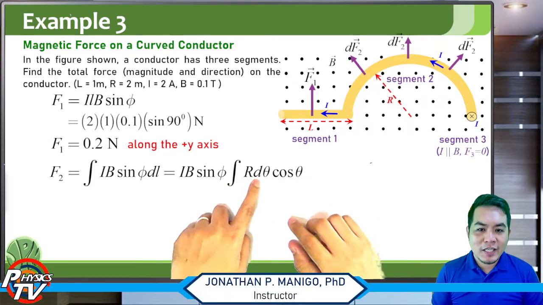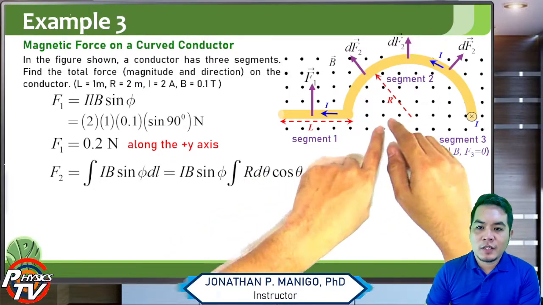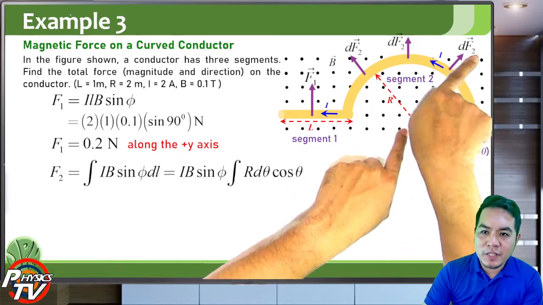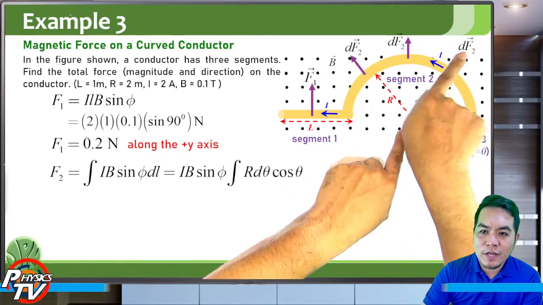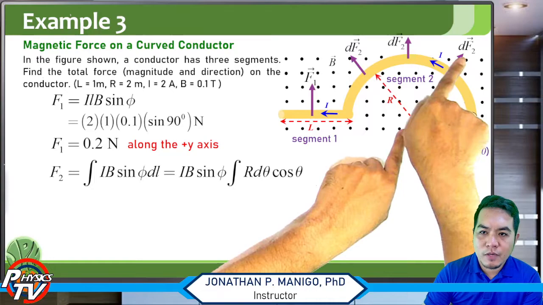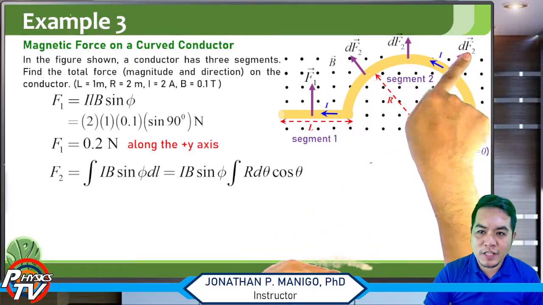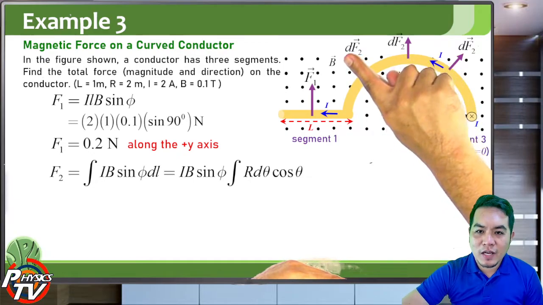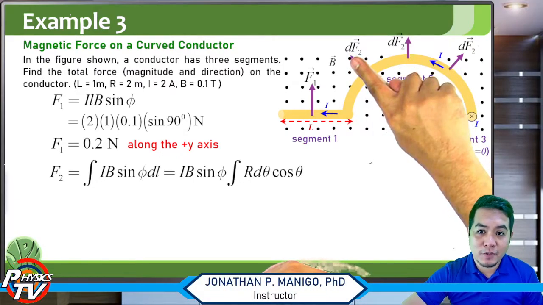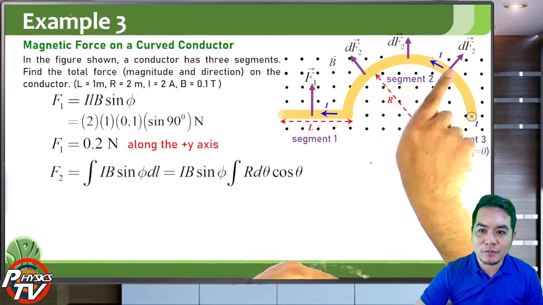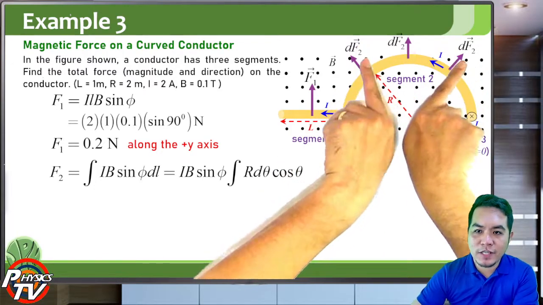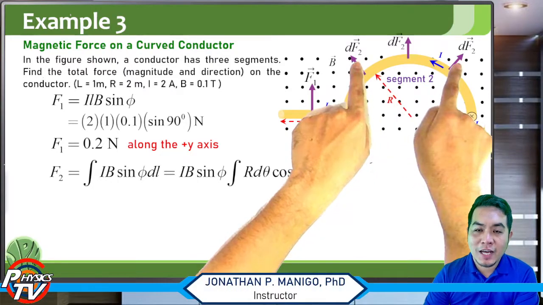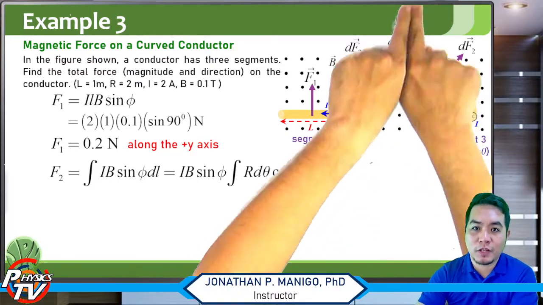So dl in cylindrical coordinates is r d theta. For every differential force on segment number 2, there will be an exactly opposite differential force on the other side of the segment, wherein the x components will cancel out, and only their y components will contribute.